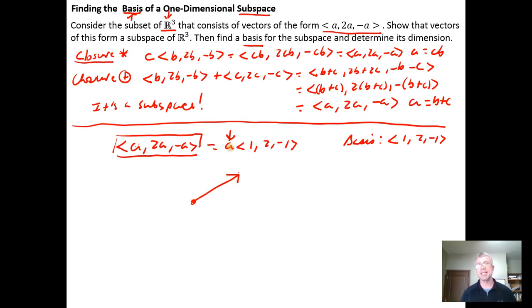Because I can scale it with any real number a I want, I can make it infinitely large, and I can use negative real numbers to reflect it through the origin in the other direction. So the geometric interpretation of this subspace is that it is all the vectors that lie on the line that contains the origin and the direction vector (1, 2, negative 1).